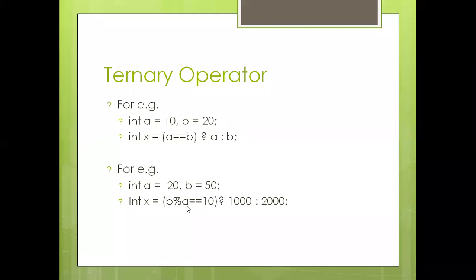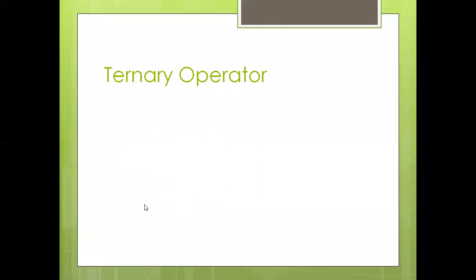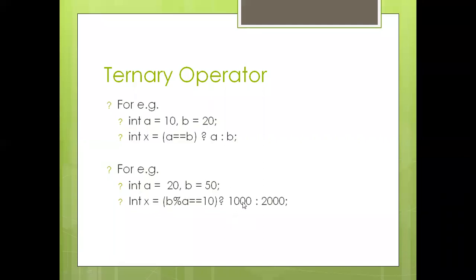What will you get in the remainder? Obviously in the remainder you are going to get 10. So this 10 equal equal 10, the condition is true. So this 1000 is going to be written in X. Understood?